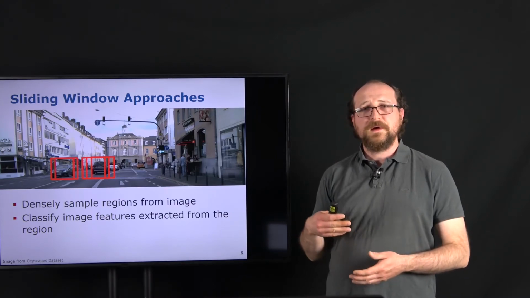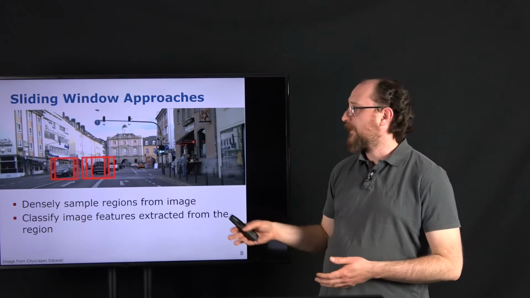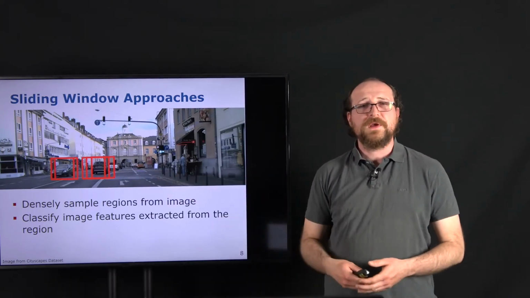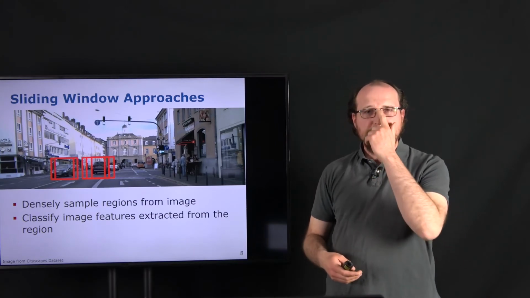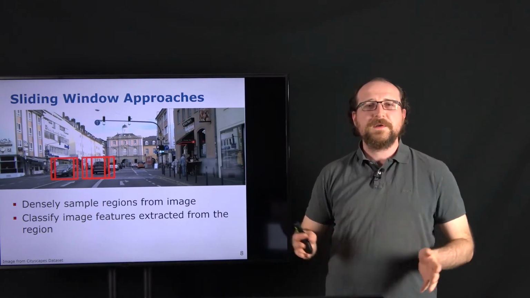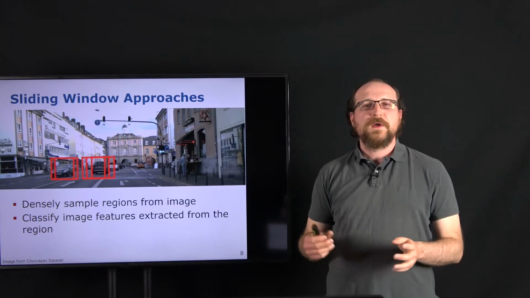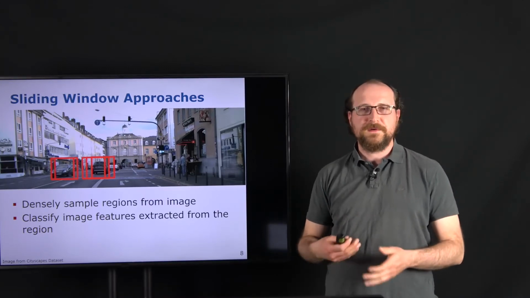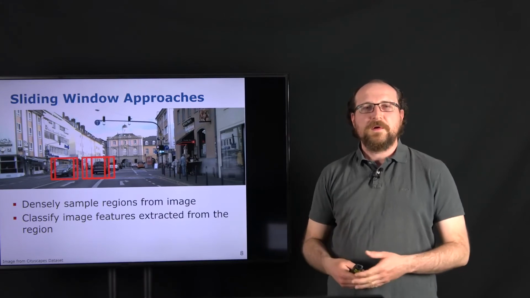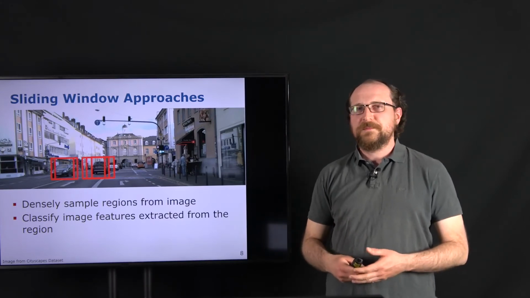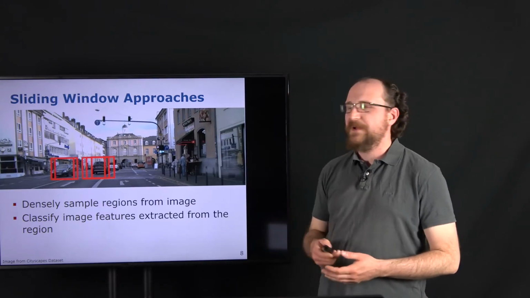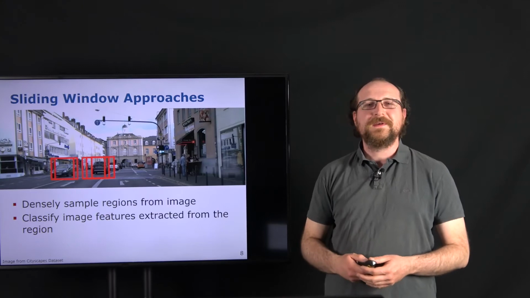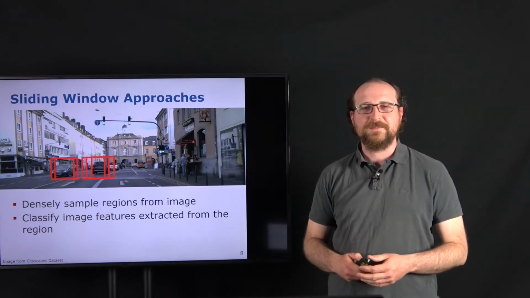And the high scoring regions that we are then getting, in this case this thing here, we are just retaining in the end. And to get differently sized bounding boxes, we just have to rescale the image, then use the same sliding window approach, and then we are getting different scales of objects in the scene. And this is basically the approach that was followed in the traditional object detection approaches.